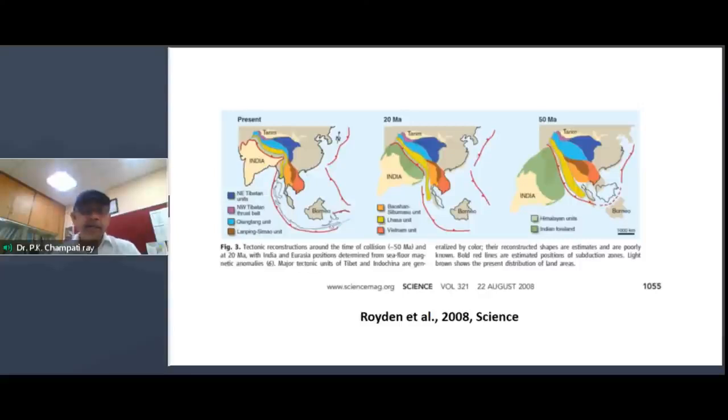So the very interesting thing emerges because of this anti-clockwise motion. Now what happens is that the China part, South China, is actually moving in a clockwise motion. So China is moving in a clockwise motion and we are moving in an anti-clockwise motion. The whole thing, we have a translational motion. Because of the translational motion, we had a collision. The Eurasian plate and Indian plate had a collision at the Himalayan boundary.